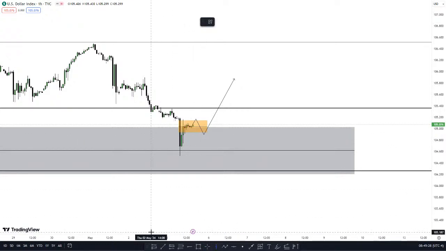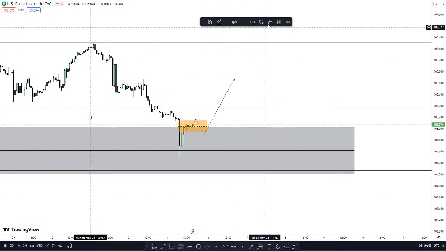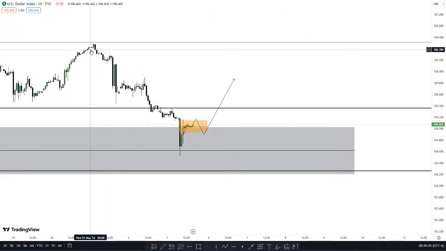Now we are on the 4th day of this trading month. So if I set up my chart on the 1st of May, the 1st of this month, this is this month's opening price.